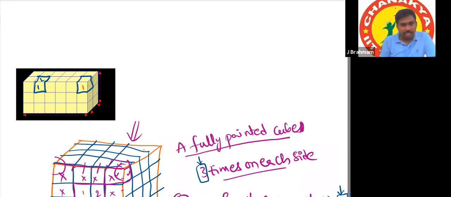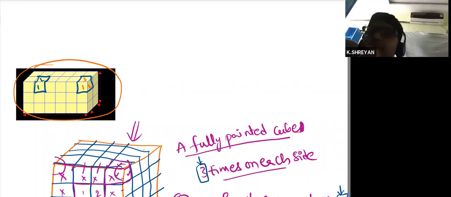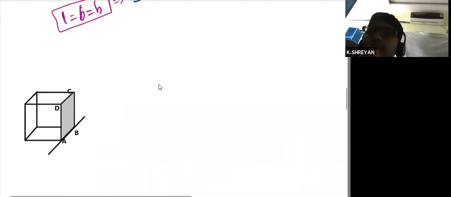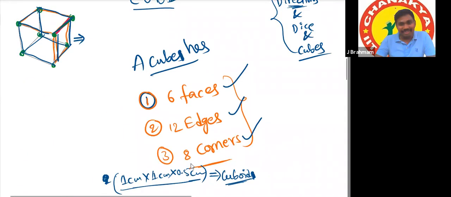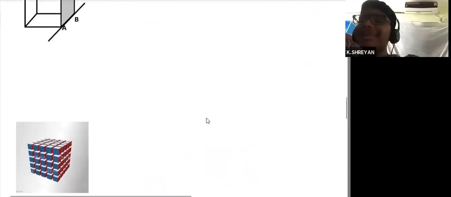Because it is in the corner, we can paint 3 faces. Yes or no? Total, how many corners are there for this bigger cube? 4, 5, 6, 7, 8. Don't forget this 8, count. Only 8, sir. 8 corners.